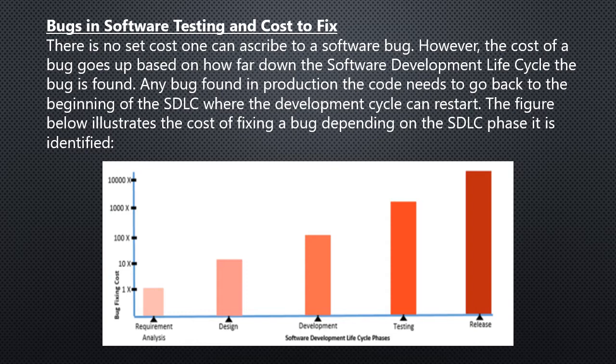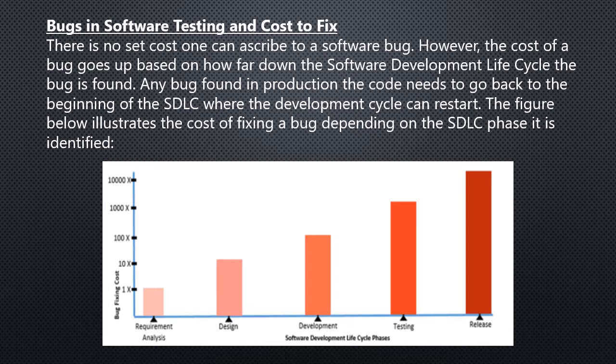Bugs in software testing and cost to fix. There is no set cost one can ascribe to a software bug. However, the cost of a bug goes up based on how far down the software development lifecycle the bug is found. Any bug found in production, the code needs to go back to the beginning of the SDLC, which stands for Software Development Lifecycle, where the development cycle can restart.